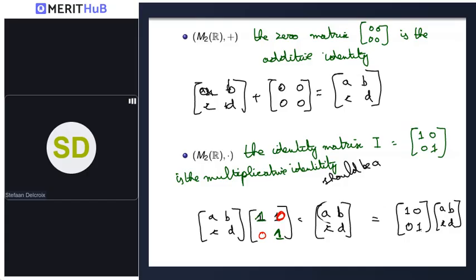Now for matrices, under addition it's the 0 matrix, and under multiplication it's what we call the identity matrix, and there's not really any obvious reason why it is 1, 0, 0, 1. But by trial and error you can come up with it. So the 0 matrix is the generalization of the 0 number. The identity matrix is the generalization of the number 1.